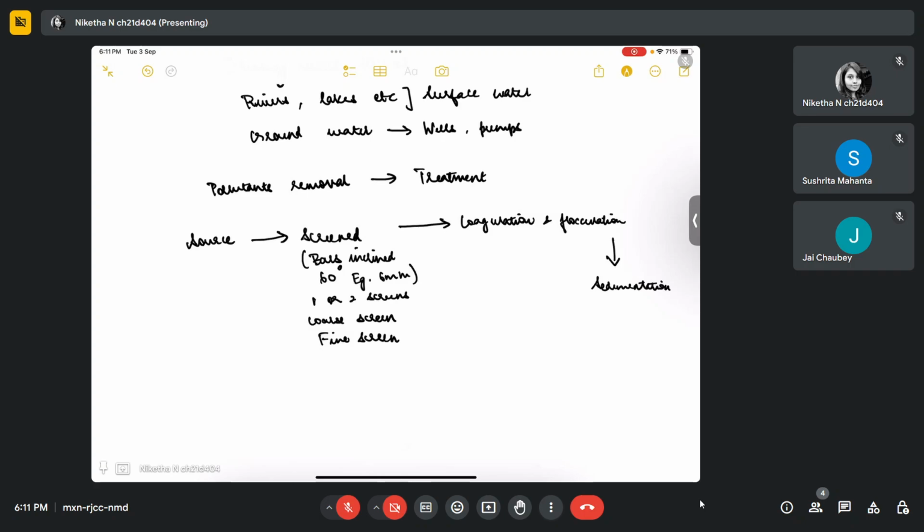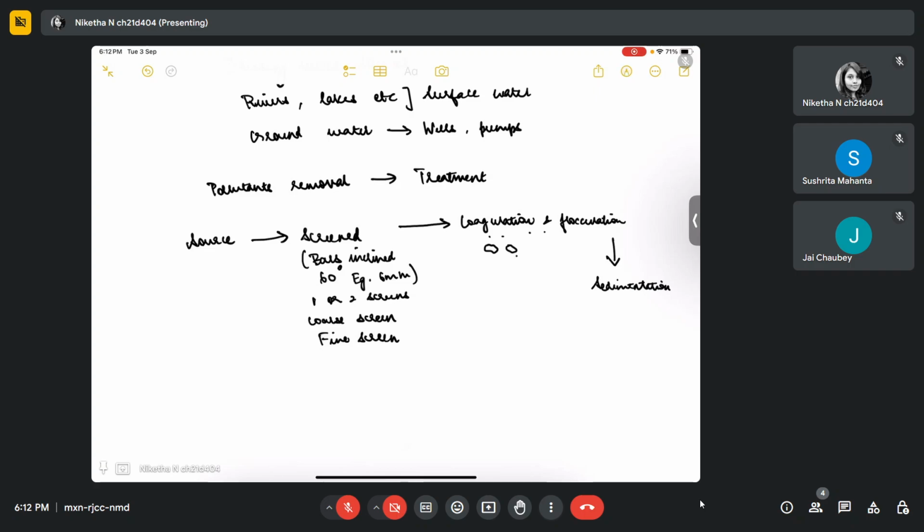Essentially, what happens in coagulation and flocculation is that all your colloidal particles that remain suspended are converted into a coagulated mass, and then this coagulated mass will flocculate together and form an even bigger mass. Whatever small particles are there will get coagulated and turn into some sticky substance.